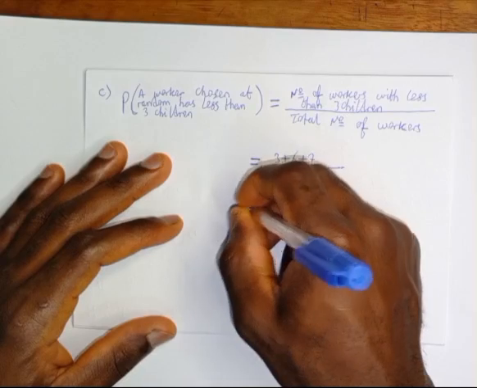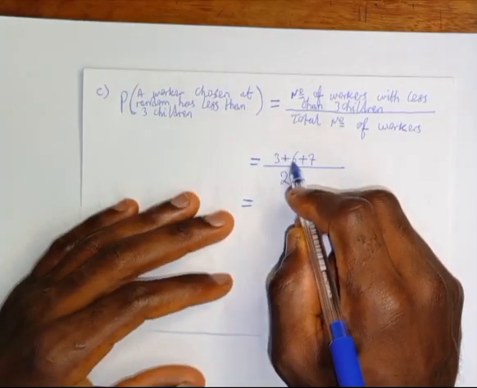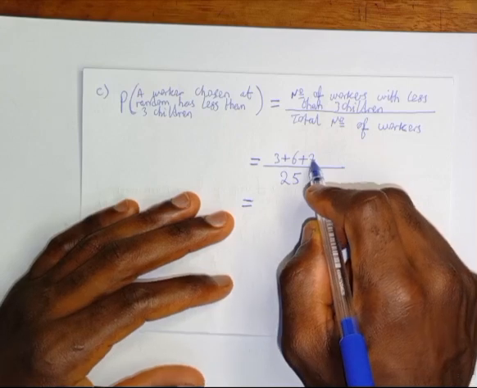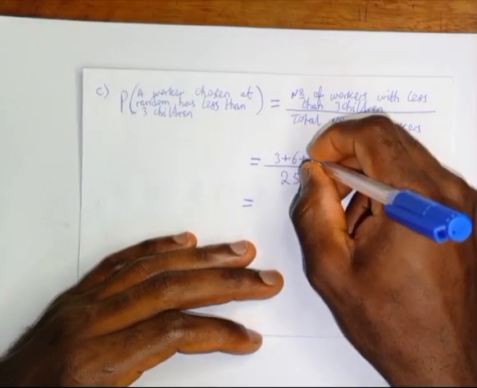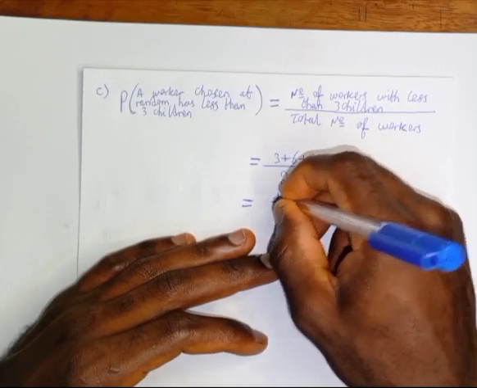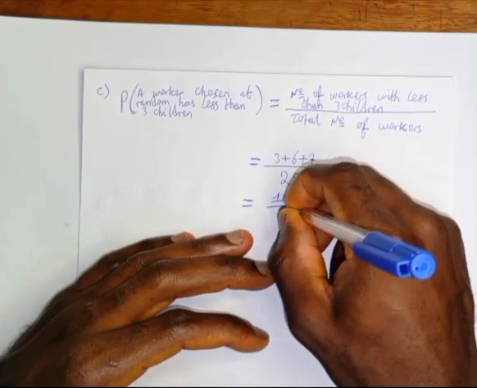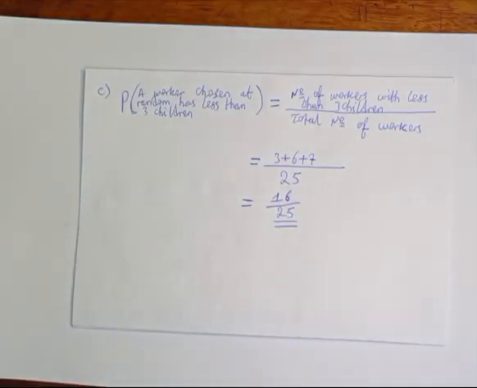This will simply be equal to 3 plus 6 gives us 9. 9 plus 7 gives us 16 all over 25. So this is the probability of a worker chosen at random having less than 3 children.